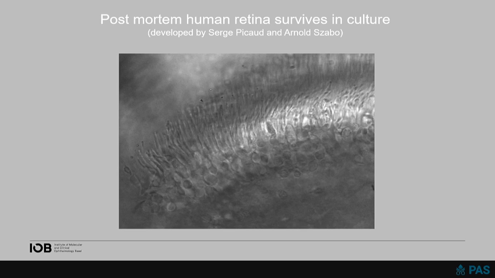Arnold Szabo in Budapest worked on it for 10 years, basically changing the solution until you get a soup that keeps human retinas alive for initially 10 weeks and then 14 weeks. By now, we can keep them alive for 20 weeks. So we can basically pre-play the entire gene therapy.